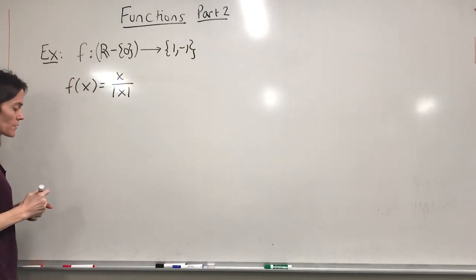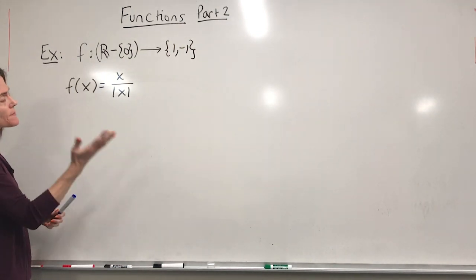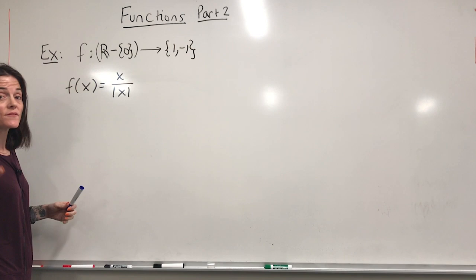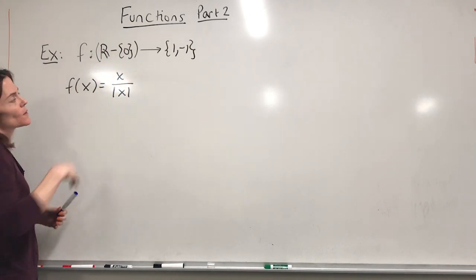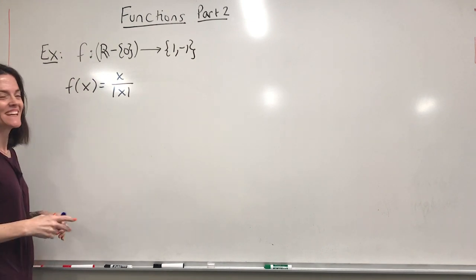Maybe before I say anything, you can think about this. Why is it mapping into {1, minus 1}? What's f of 2? Well, 1. What's f of minus 2? It'd be minus 2 over 2. It's 1, negative 1.